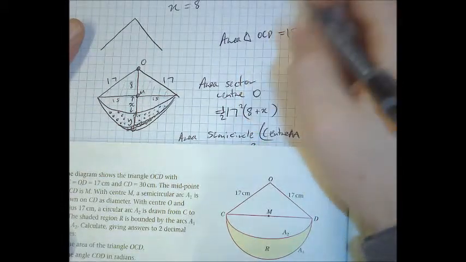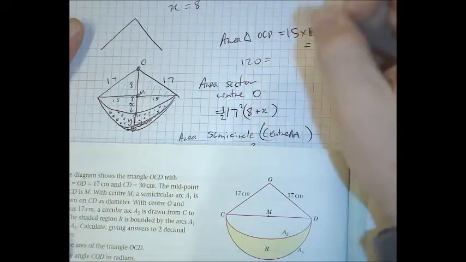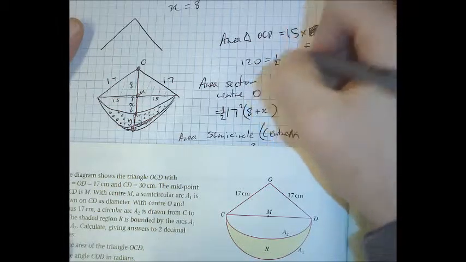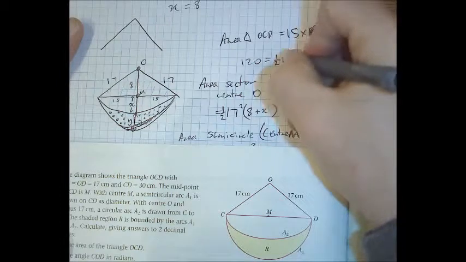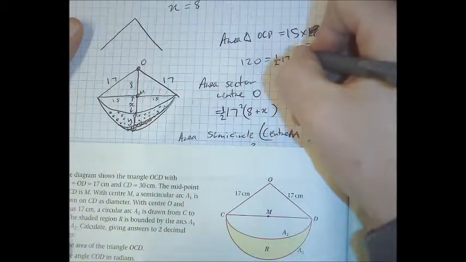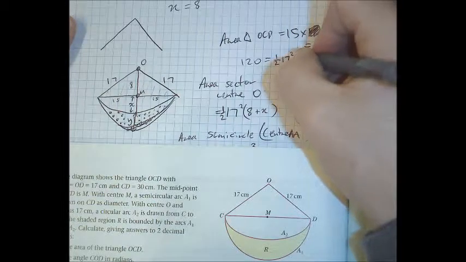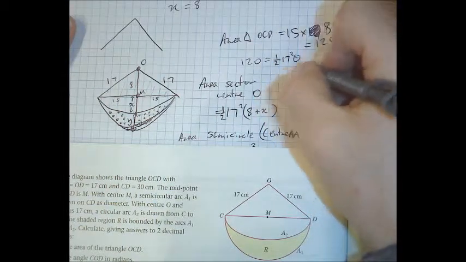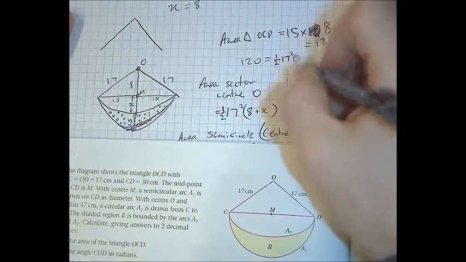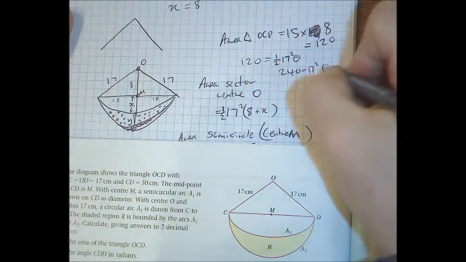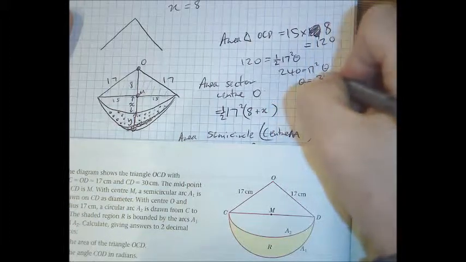So 120 equals half 17 squared theta. So therefore 240 equals 17 squared theta. So theta equals 240 over 289.